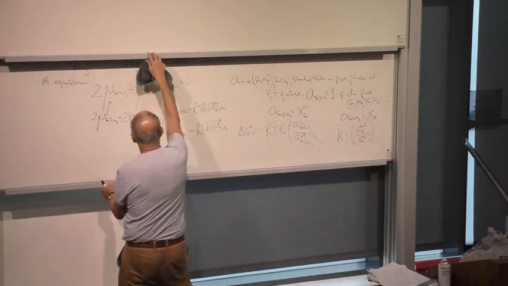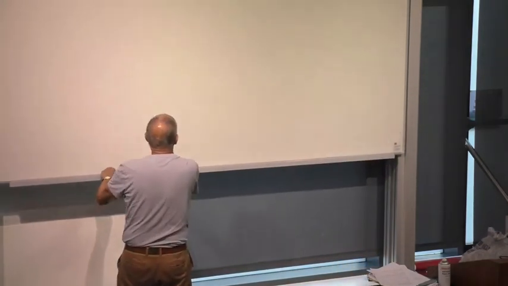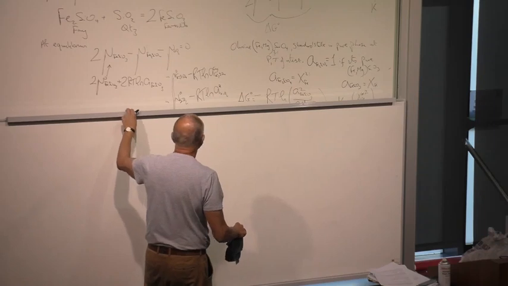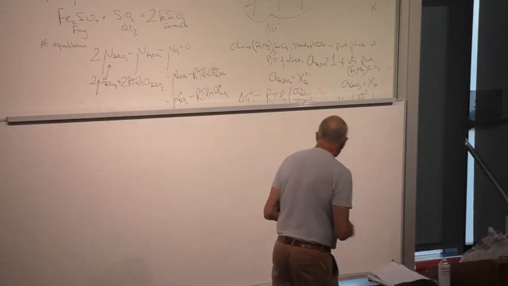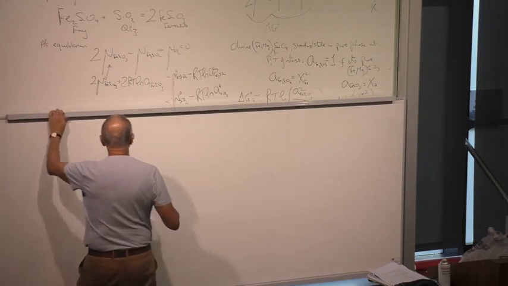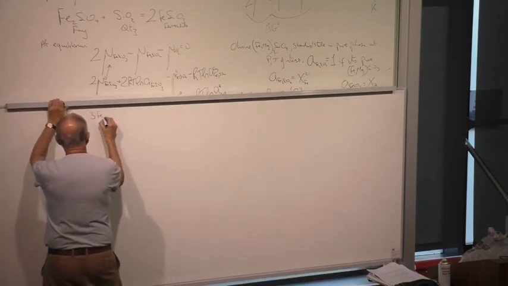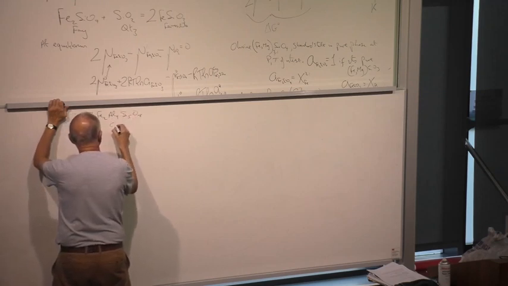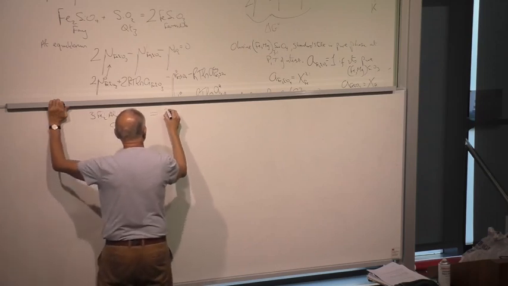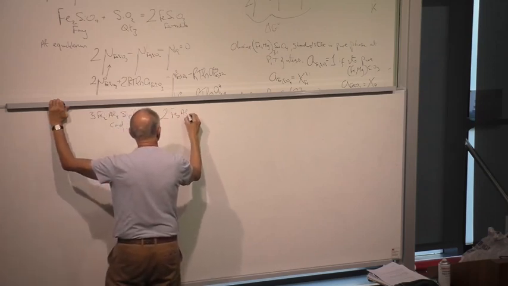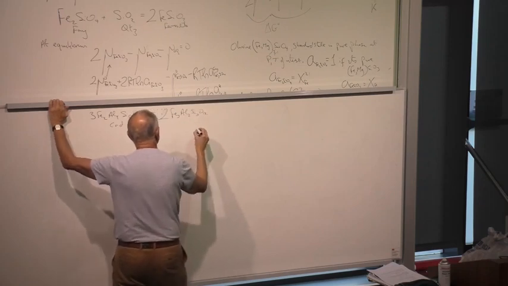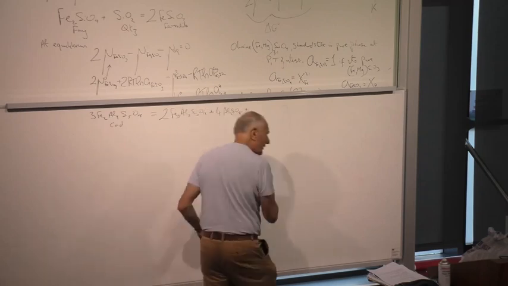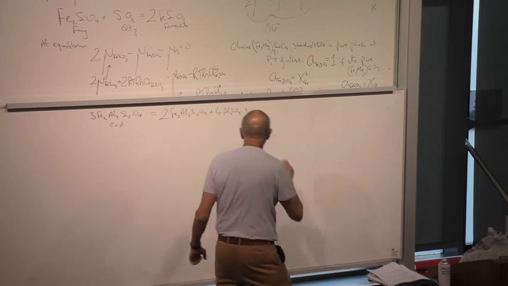So for this reaction, cordierite goes to garnet plus 4 sillimanite plus I think it's 1 SiO2.